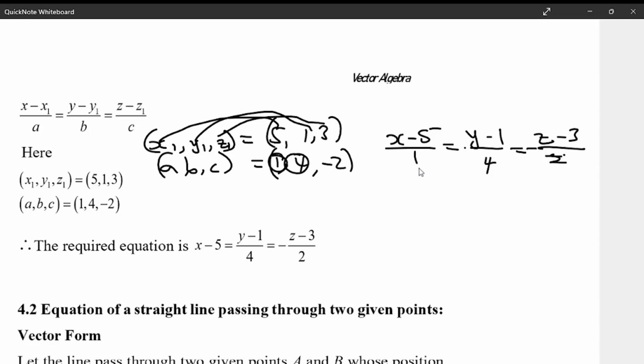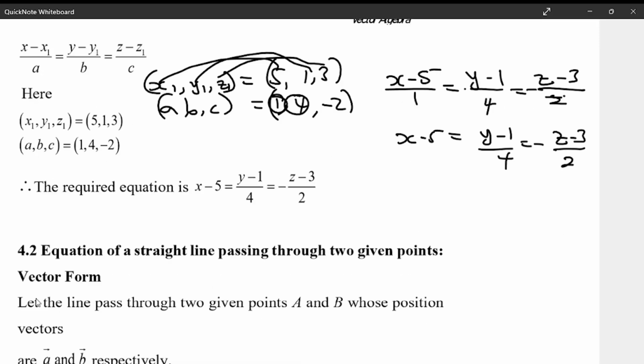So we are going to have it this way: (x - 5)/1, which is the same as x - 5, equals (y - 1)/4 equals (z - 3)/(-2).